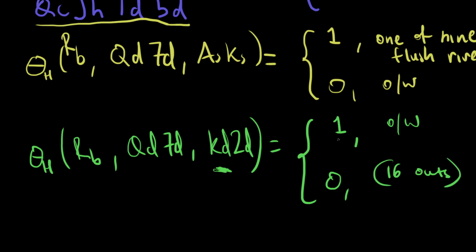So we get a value of 1 on one of the 28 non-outs and a value of 0 on one of the 16 outs. Now I can put all of these into expectation to get the equity.